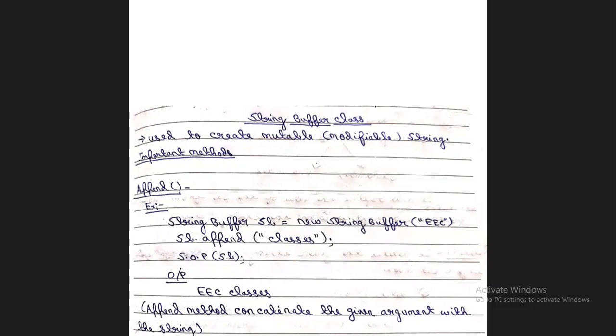Now what does mutable mean? Mutable means modifiable. We can modify the string, but in String we cannot modify it, and that's why we use the StringBuffer class. The StringBuffer class is used to create a mutable, or modifiable, string.